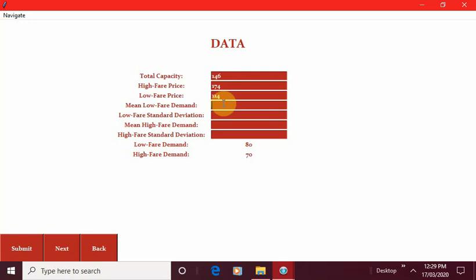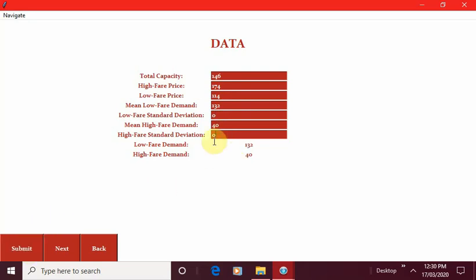We will put the same one. So 132 was the demand for the 1st of April for the low fare, and in standard deviation we will put 0, and the high fare was 40 on the 1st of April. So we're just putting the total demand straight away, and then we'll submit it.